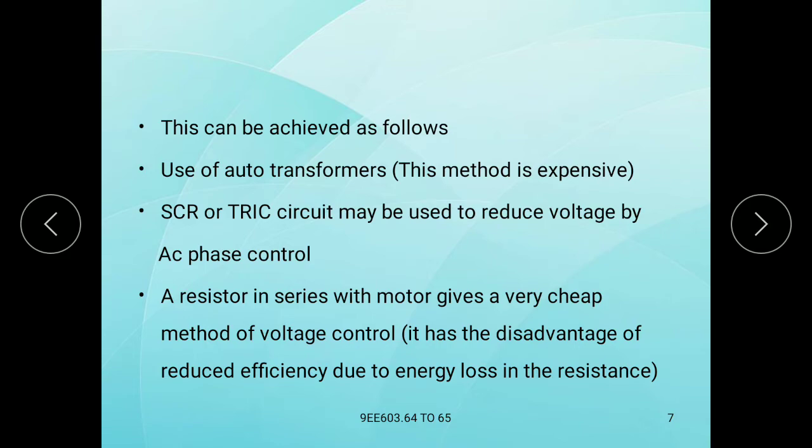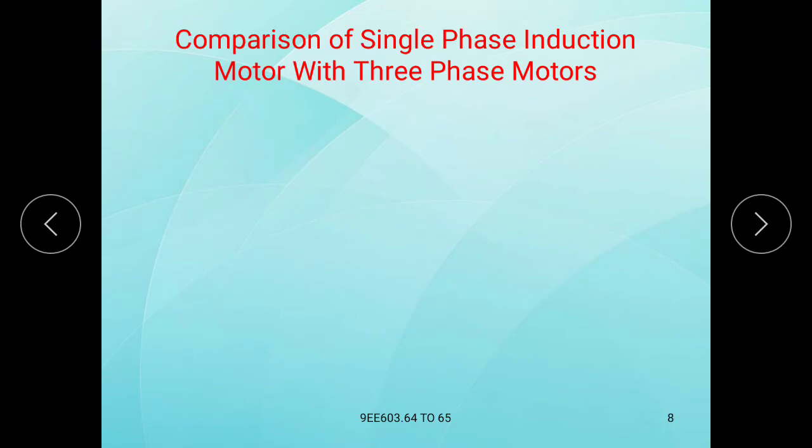This method is expensive, so an SCR or triac circuit may be used to reduce voltage by AC phase control. A resistor in series with the motor gives a very cheap method of voltage control. It has the disadvantage that it reduces the efficiency due to energy loss in the resistance.